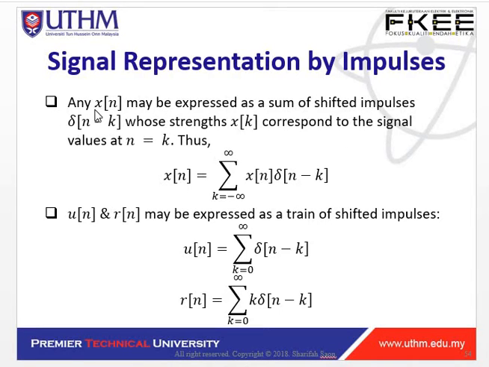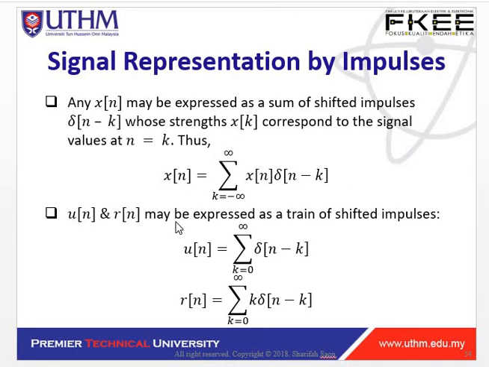It is shifted because of the minus k, whose strength xk corresponds to the signal value at n equal to k. So xn can be expressed as the summation of xk multiplied with the shifted impulse delta n minus k.